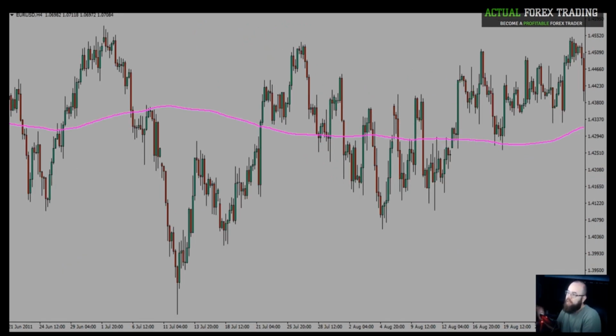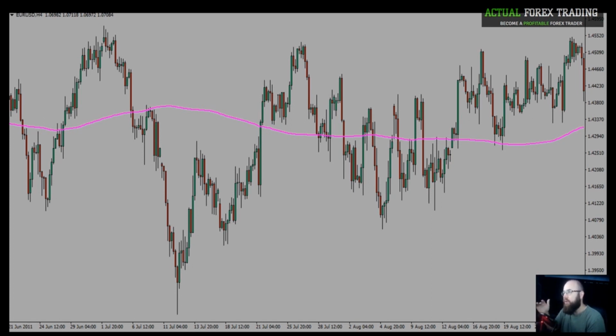Okay, price is not trending here. Price is moving sideways, and we have all sorts of signals from this moving average. We're below the moving average, we're above the moving average, we're below, we're above, we're below, we're above. Lots of false signals. As mentioned earlier, moving averages only really work in trending markets to signal price direction, but I may contradict that in a moment.